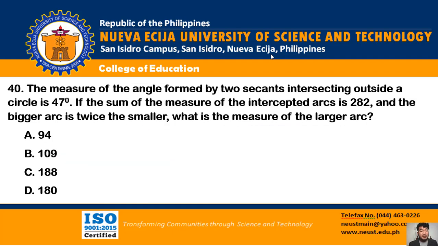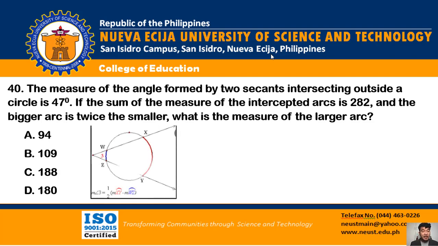Number 40. The measure of the angle formed by two secants intersecting outside a circle is 47 degrees. If the sum of the measure of the intercepted arcs is 282 and the bigger arc is twice the smaller, what is the measure of the larger arc? So we visualize again. That's the same problem with the previous one.